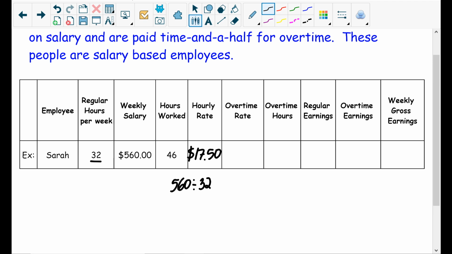For the overtime rate, we're taking the 17.50 times 1.5. That gets me 26.25 for our hourly overtime rate.